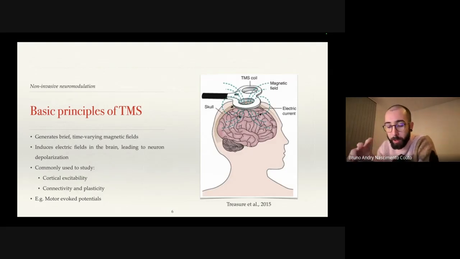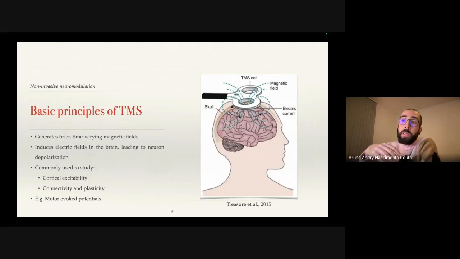So if you already had the sad opportunity of joining the physics course, you might remember that when you vary a current inside a coil, you will produce a magnetic field. So we do that very shortly and very intensely. So we create a strong magnetic field that will induce an electrical current inside the brain, leading to neuron depolarization.